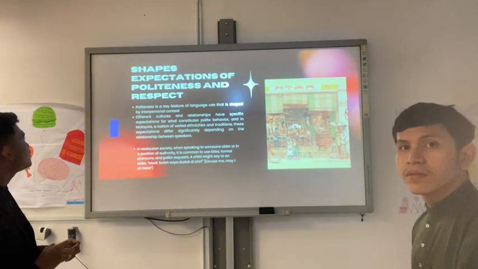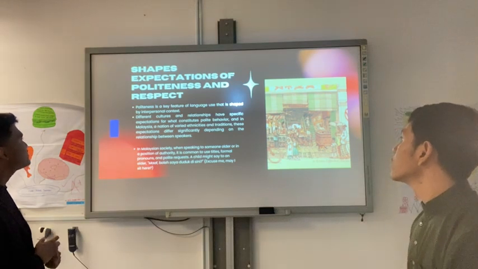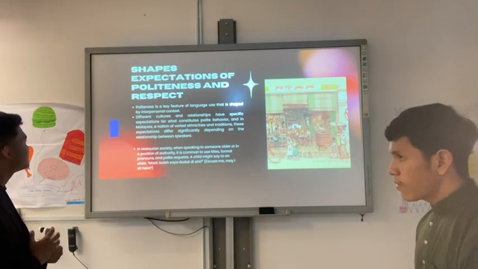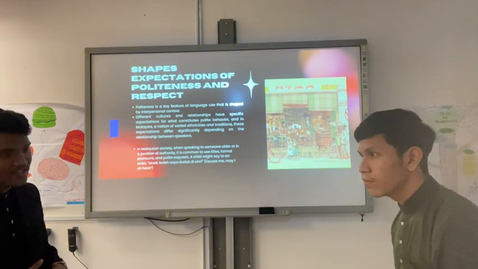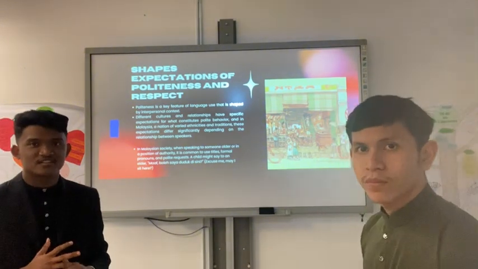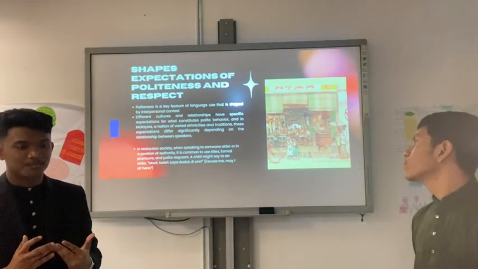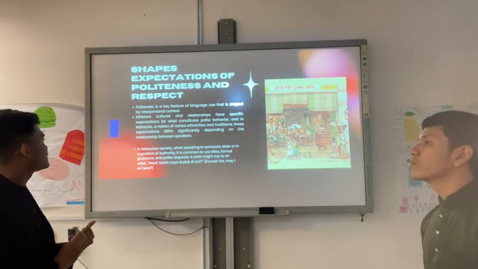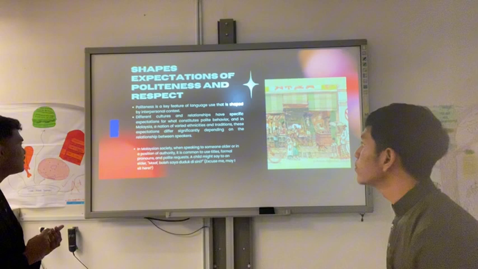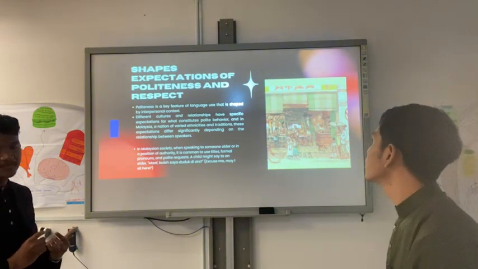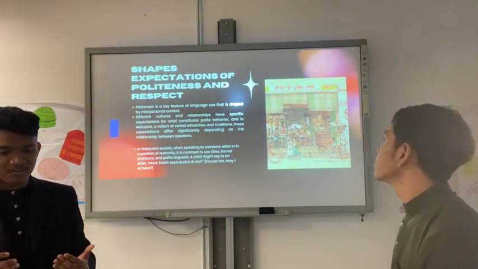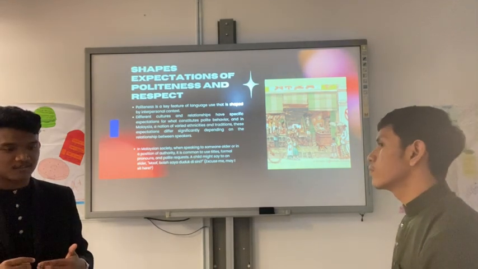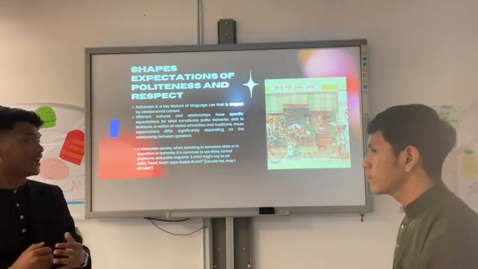Shaping expectations of politeness and respect. Politeness is a key feature of language use that is shaped by interpersonal context. Politeness is a major role in Malay communication style because it is tied heavily to behavior and to how people from different backgrounds in the same place connect with one another based on an understanding of politeness and respect.